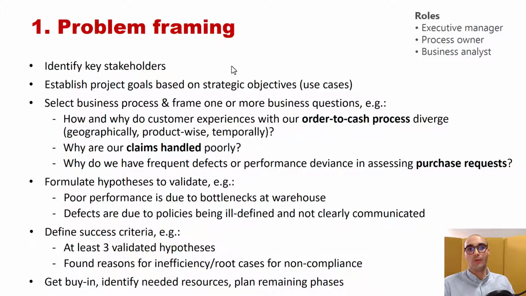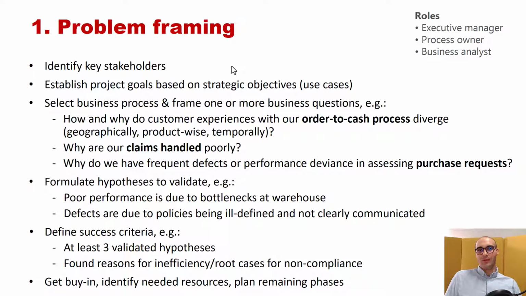For example, you may have the hypothesis that the delay is caused by some bottlenecks in the warehouse. So you need to have this hypothesis, and you need to provide reasoning based on the analysis that happens after that in order to validate it.